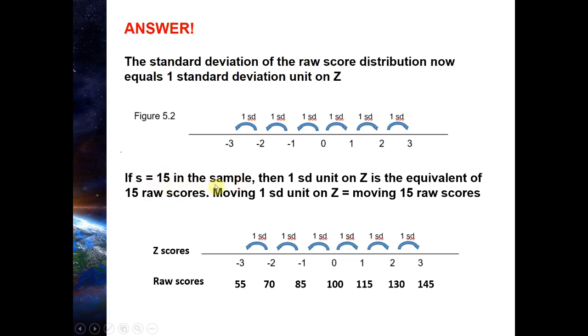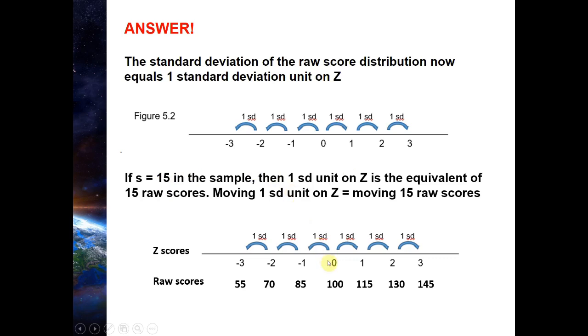I'm just working with a sample though, so the standard deviation of the sample is 15. Remember that the mean for the IQ is 100. So 15, your standard deviation, is now represented by a standard deviation unit on Z. So 1 standard deviation unit on Z is the equivalent of 15 raw scores in the sample.